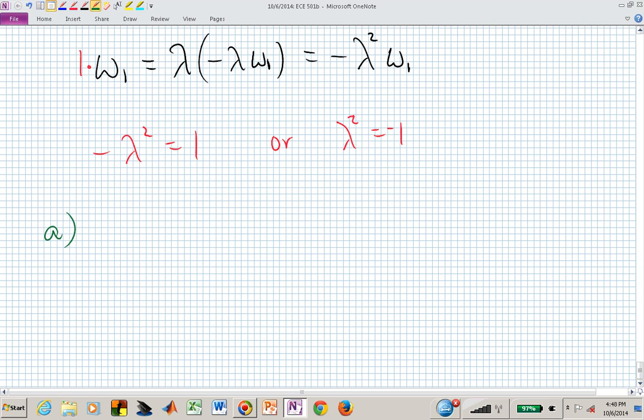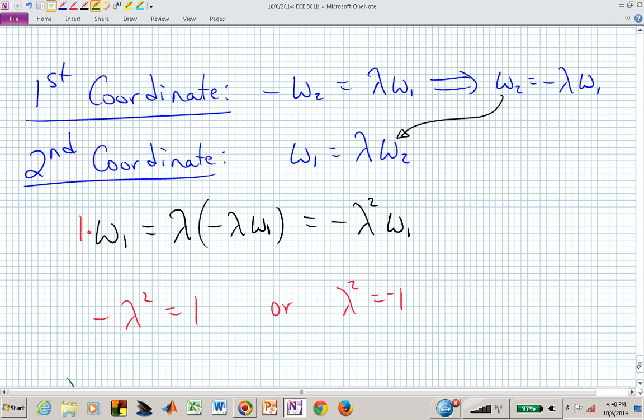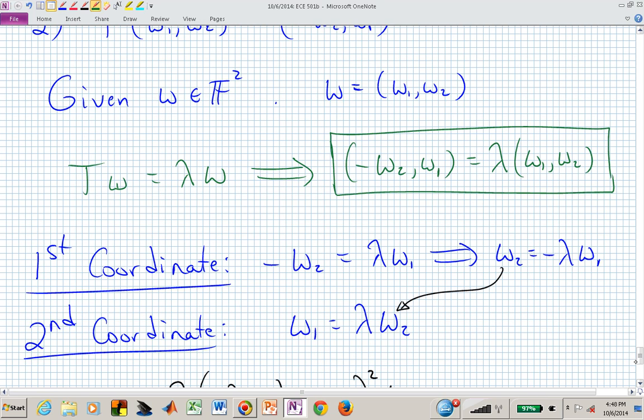Yes, question? The question was something about w1 being 0. We're trying to find non-trivial vectors. That's correct. So the question was, why can't we just set w sub 1 equal to 0?